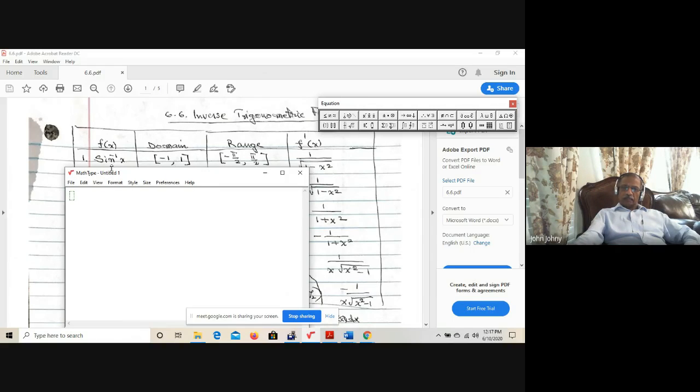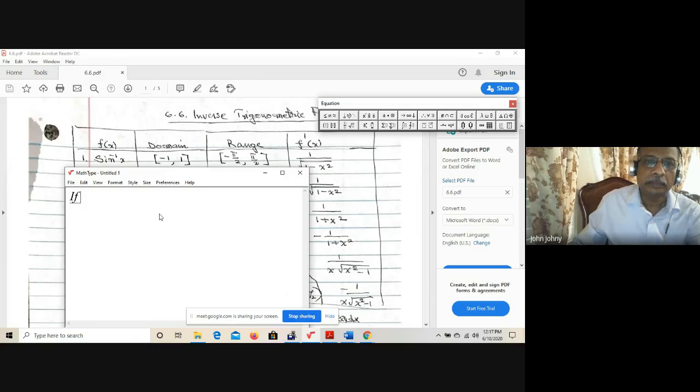So the actual definition of sine inverse x is this: if y is equal to sine inverse x, then that implies, and is implied by, x is equal to sine y.